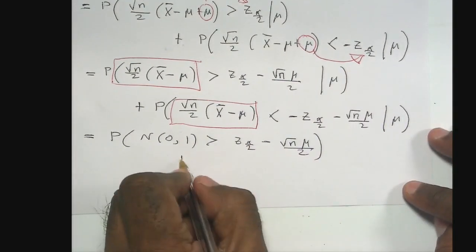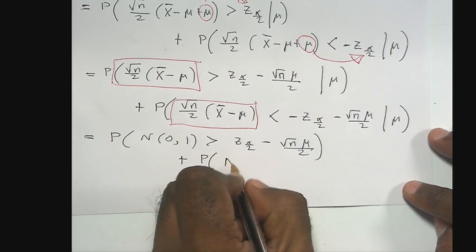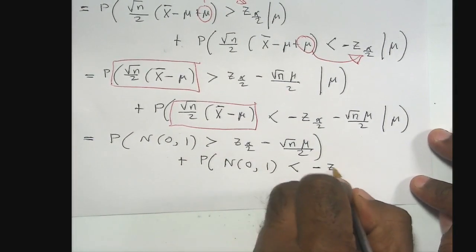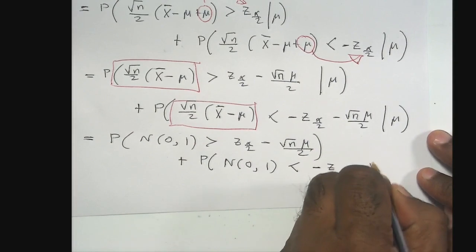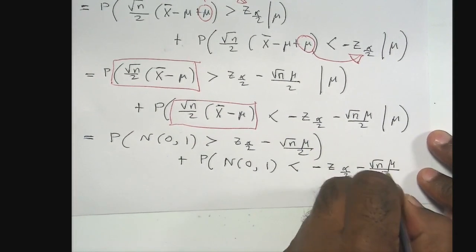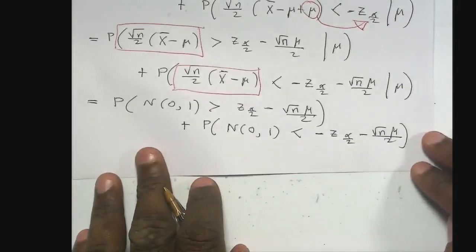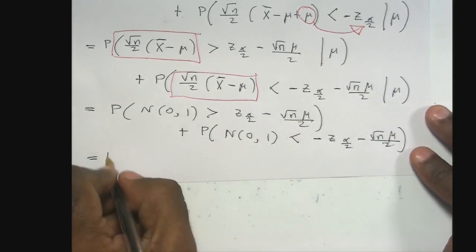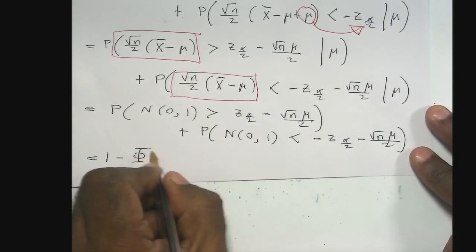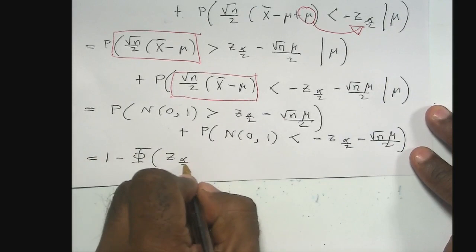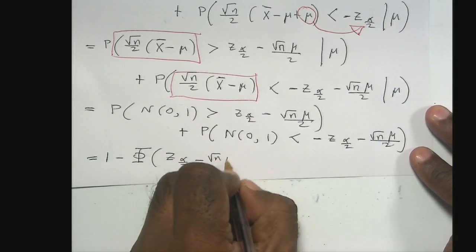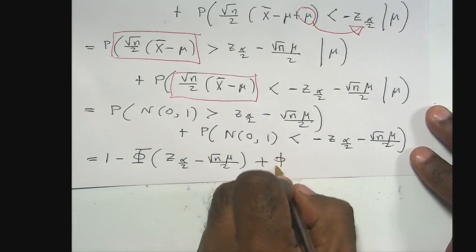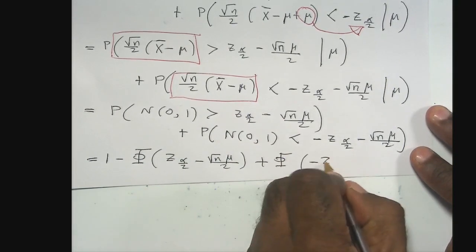We don't need the conditioning anymore because we have used it effectively in this step. And the final step is you can write this as 1 minus phi at z, and you can write this as plus phi at minus.